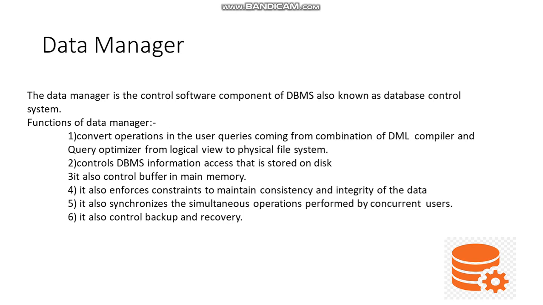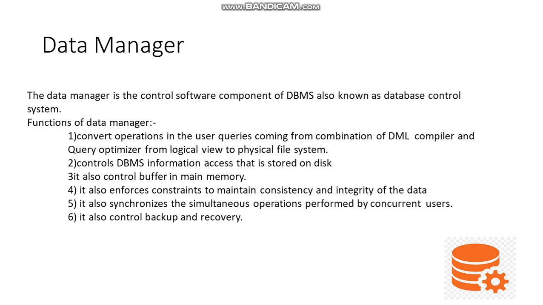Now the function of data manager is to convert operations in the user queries coming from the combination of DML compiler and query optimizer from logical view to physical file system. What we said is that DML compiler and optimizer optimizes the query, converts it into object code, and gives it to data manager, correct?